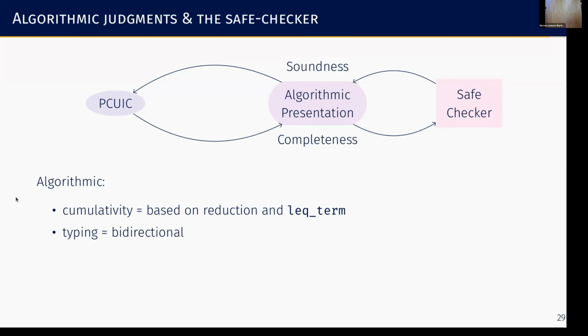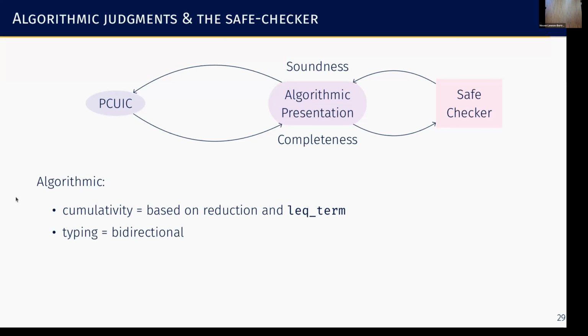For typing, we also have two presentations. Again the declarative one, where we can do cumulativity anywhere, and a bidirectional presentation that's much more constrained and term directed. And we show that these algorithmic presentations are equivalent to the declarative presentation. That's the spec, say, of Pickwick.